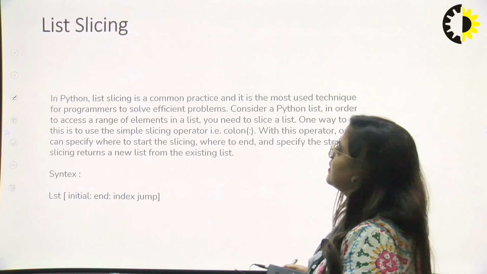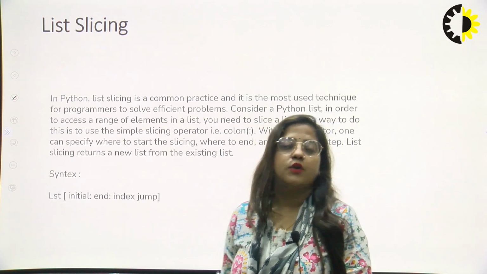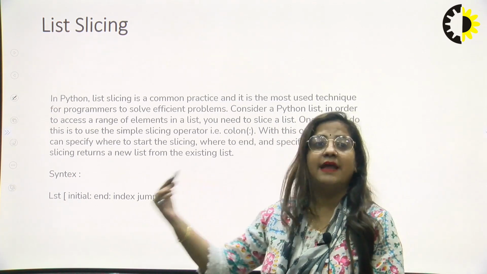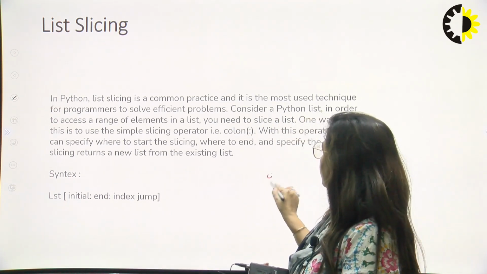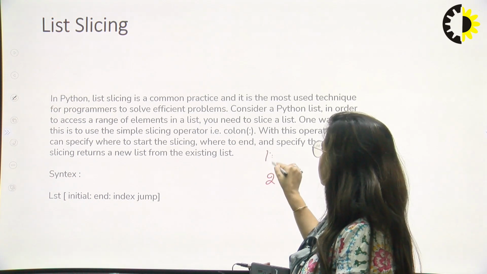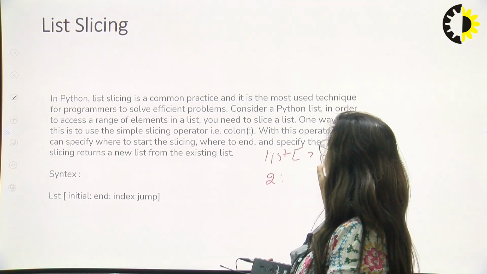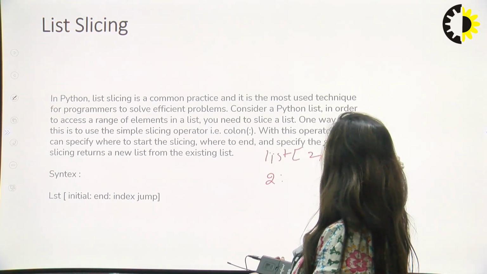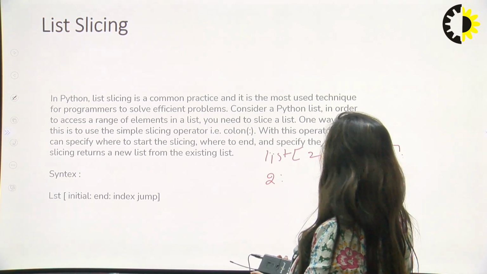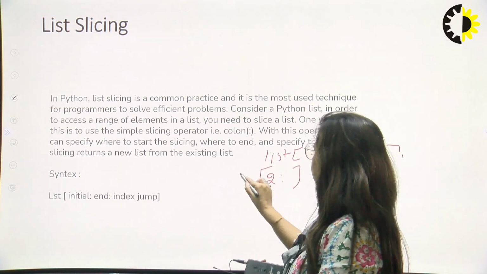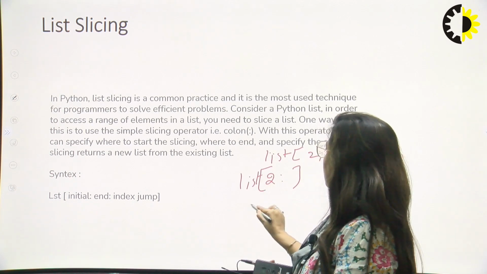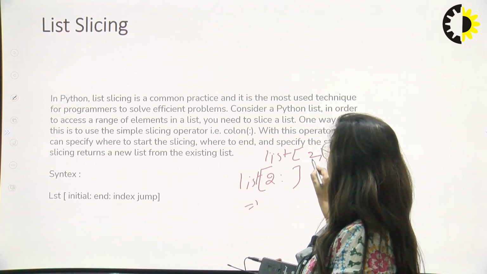List slicing is also used when you use indexing in a list. You have a list with values 2, 3, 4, 6, 7, 8. So here the list output is index 0, 1, 2.